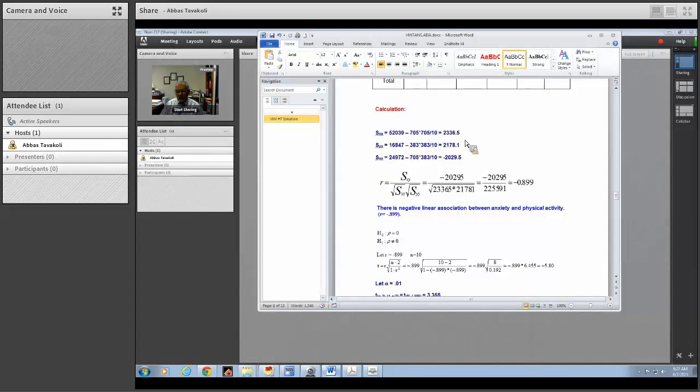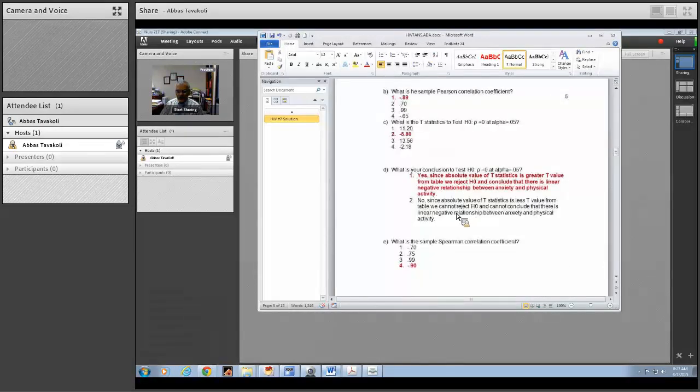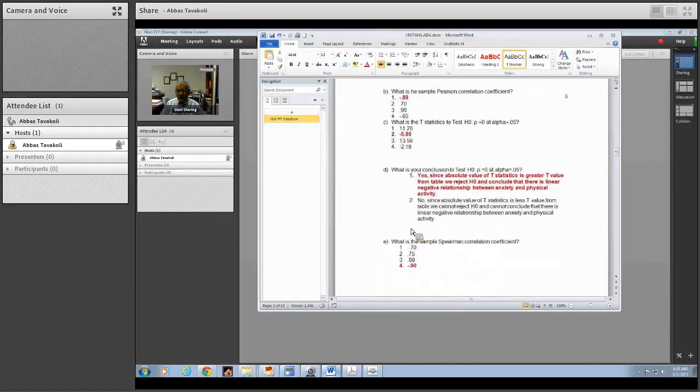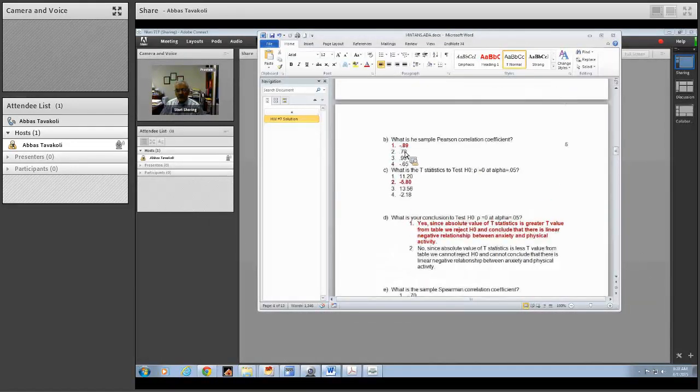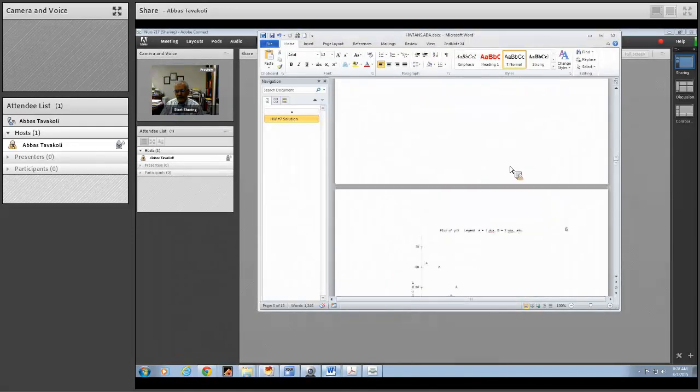You get the information you need to plug into the correlation formula, and you would get minus 0.89, which is the correct answer here, negative 0.90 when rounded up. Or negative 0.89, sorry. What is the t statistic for the hypothesis that rho equals 0 at alpha 0.05?